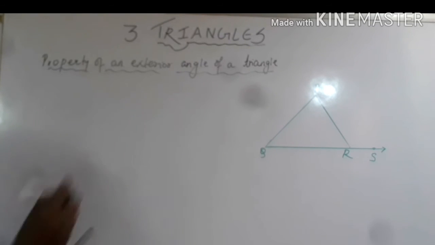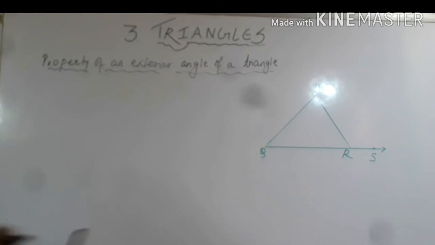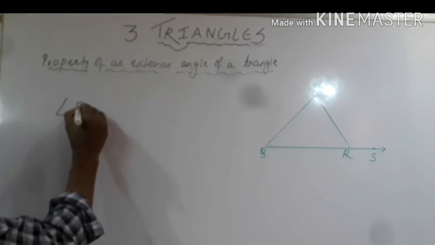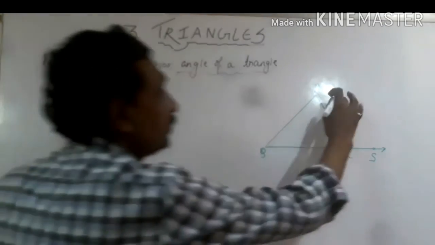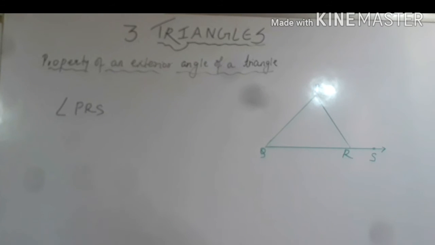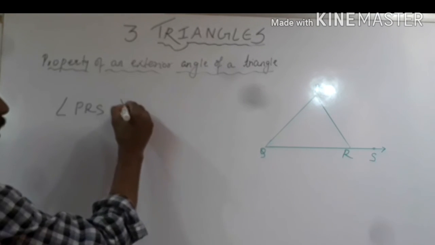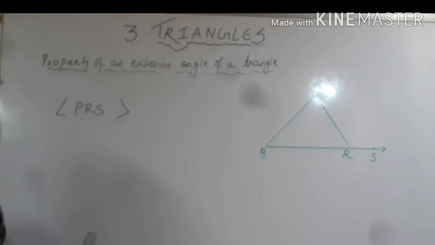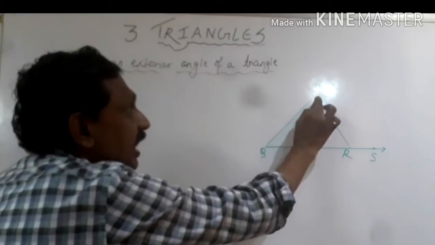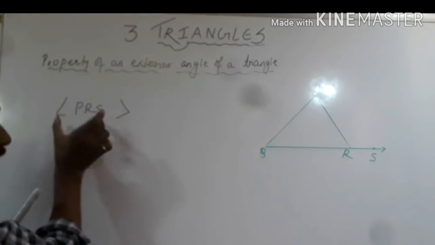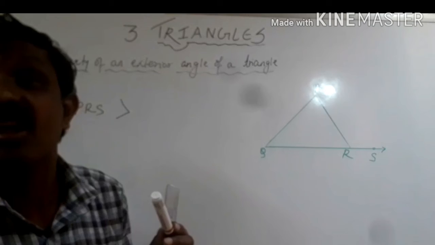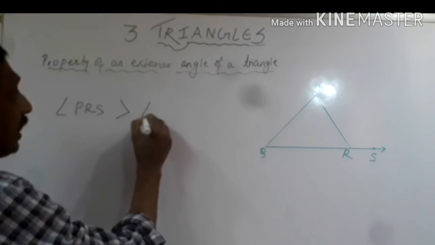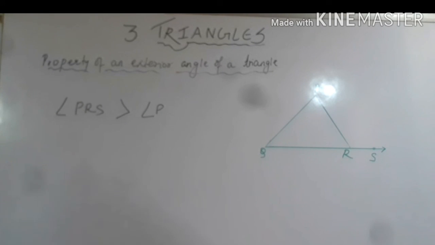The exterior angle of a triangle is always greater than its remote interior angle. That means, which is the exterior angle? Angle PRS. This one is an exterior angle. This is always greater than its remote interior angles. Which are the interior angles? Angle P and angle Q. That means angle PRS is always greater than angle P, right?